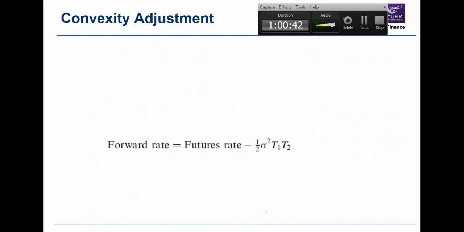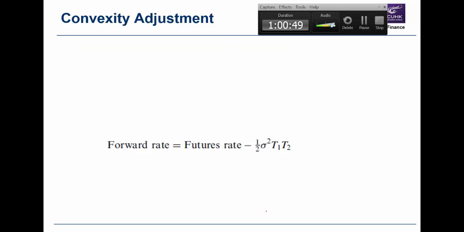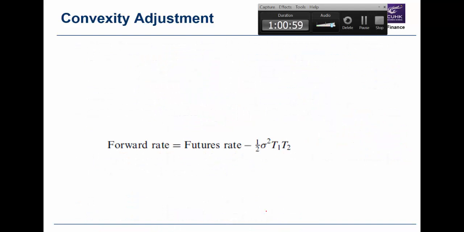Now here is one suggestion. So I said the forward rate should be the futures rate minus a convexity adjustment. One suggestion that has been made is a half times sigma squared T1 T2. I'll tell you what T1, T2 is.